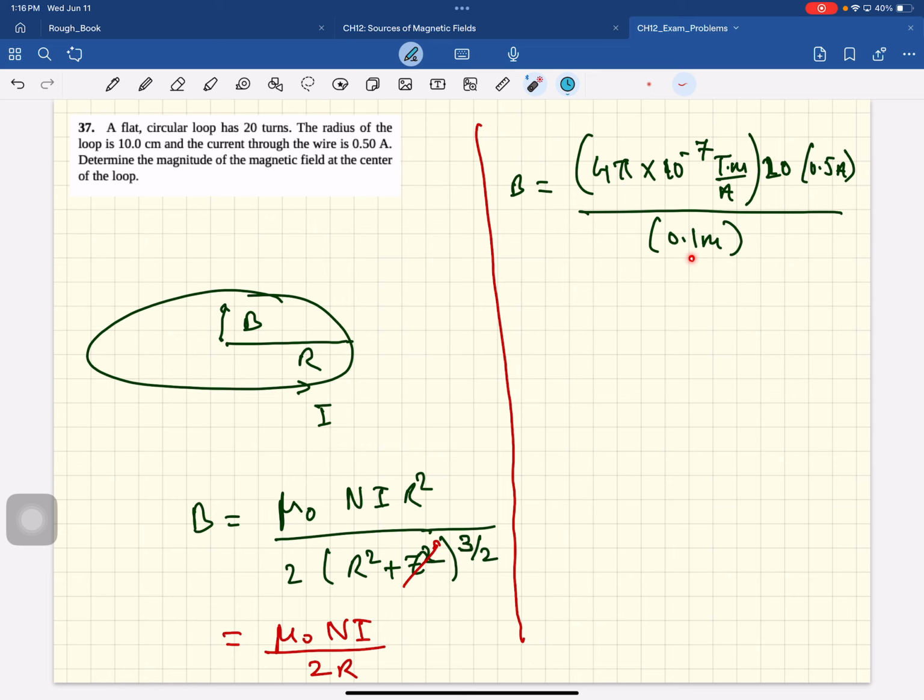So that's 10 to the minus 1. That makes it 10 to the minus 6. And that is 10. So 10 to the minus 5. So B equal to 4 pi times 10 to the minus 5 Tesla. Okay. So this is about 12, which is about 10 times greater than the Earth's magnetic field.